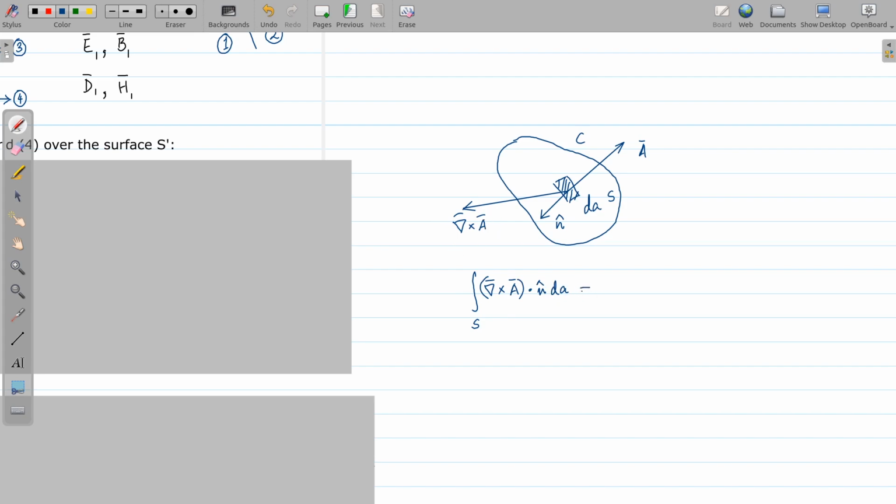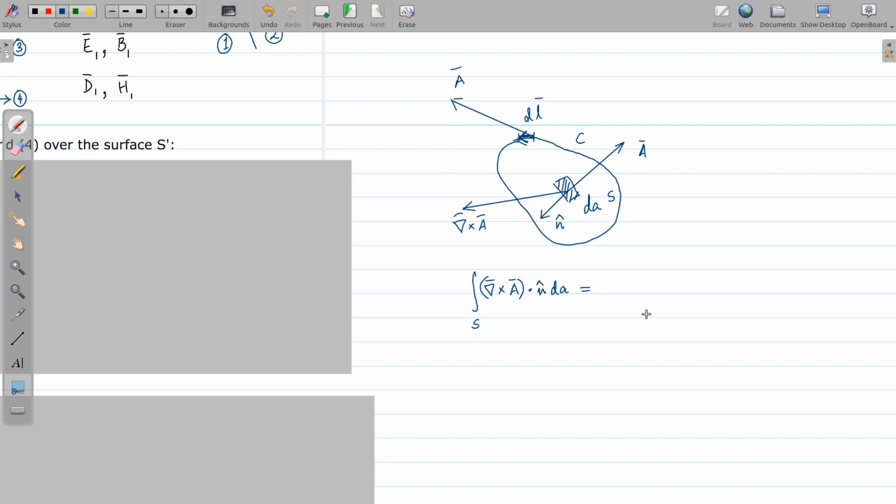So what is this equal to? Again, we need not evaluate this curl of A at each and every point inside the interior. All we can do is take the boundary. At the boundary, let's say this is a length element dl. At the boundary point, we find the value of the same vector field.